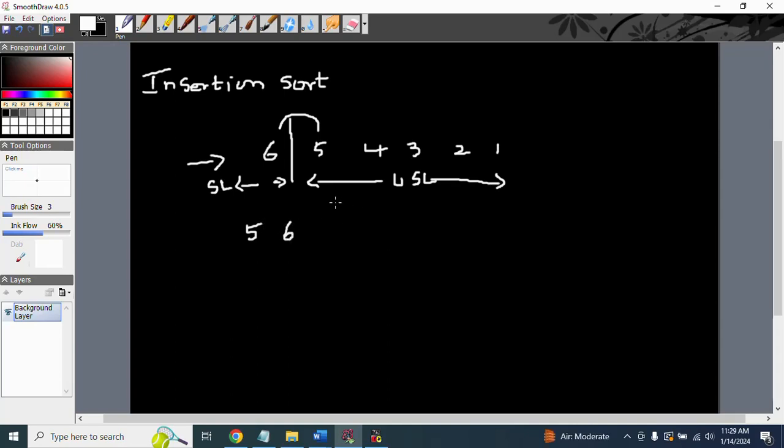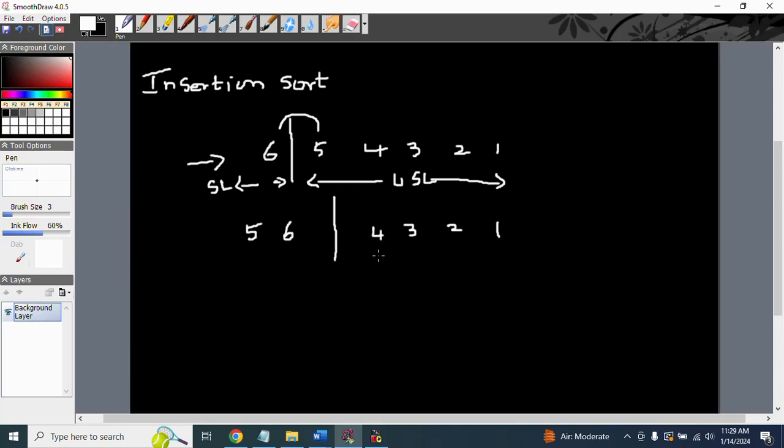Slowly, in each iteration, the size of the sorted list increases from 1 to n, whereas the unsorted list decreases. So 5 and 6 are now part of the sorted list, and the unsorted list has 4, 3, 2 and 1.